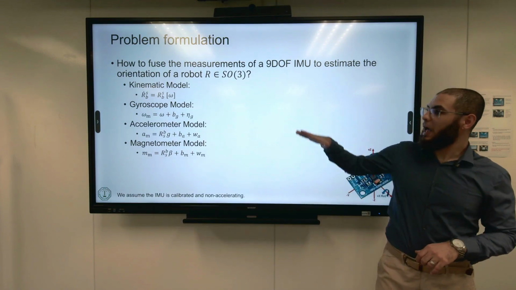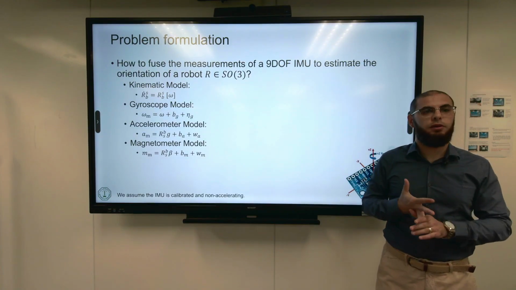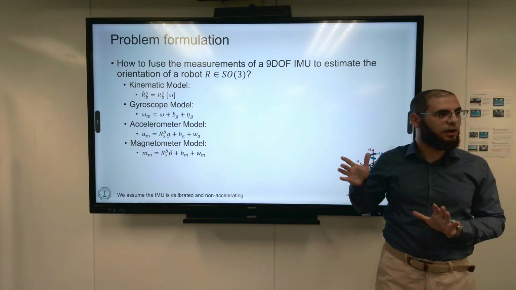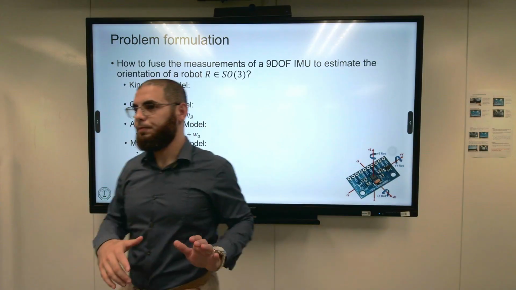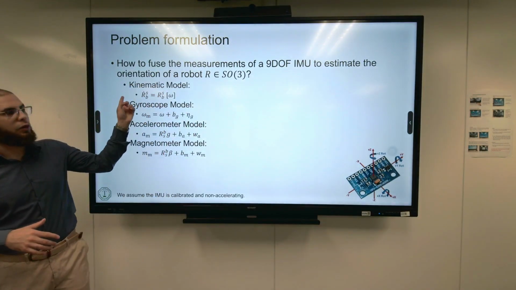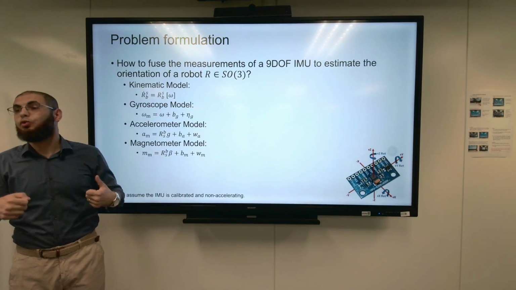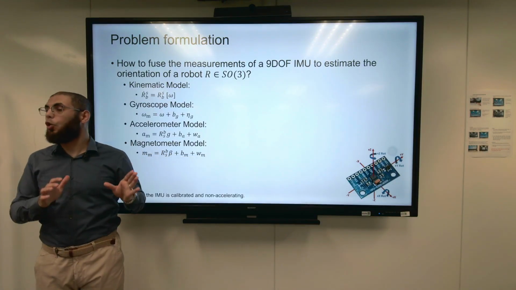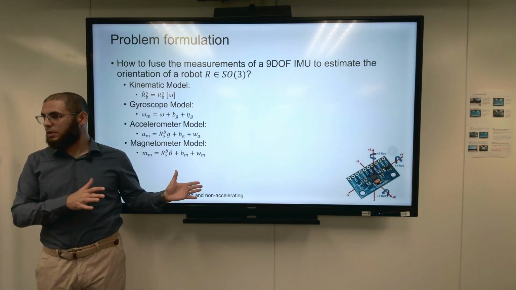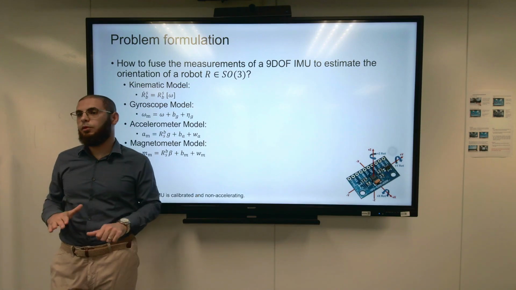Everything on the slide here should make sense to you from topic 2 and topic 3. But of course, it's been a long time, so I just need to remind you of it. First of all, this is the kinematic model we're going to be using to represent what we want to estimate. We have an IMU, and the goal in this part is to estimate the orientation of the IMU.